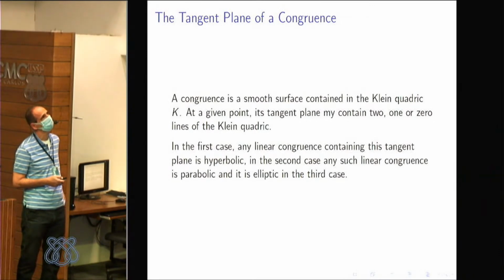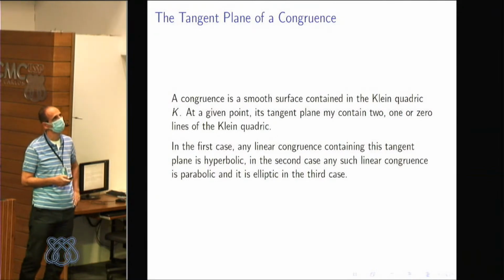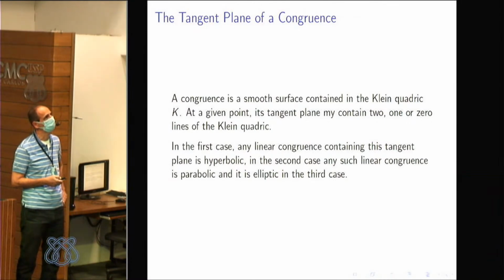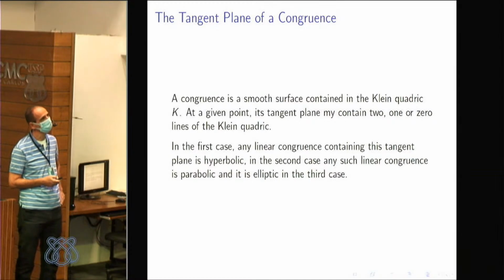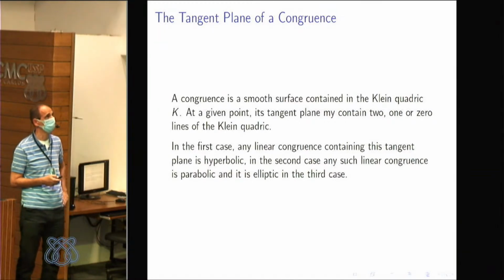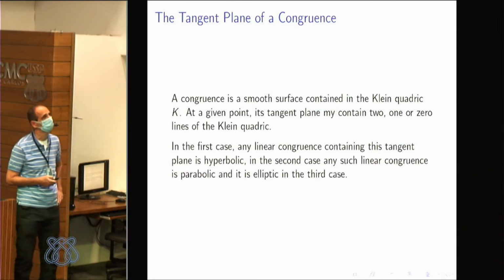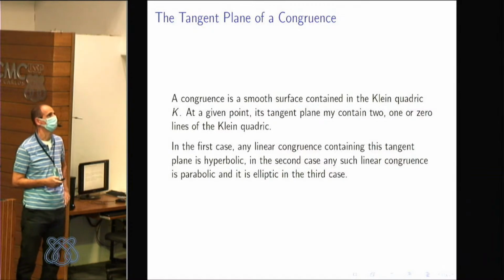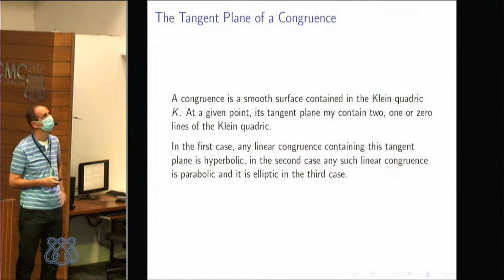We can consider the tangent plane of a congruence. At a given point, its tangent plane may contain 2, 1, or 0 lines in the Klein quadric. In the first case, any linear congruence containing this tangent plane is hyperbolic. In the second case, any such linear congruence is parabolic, and it's elliptic in the third case.